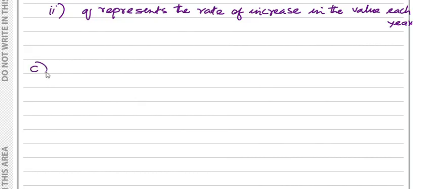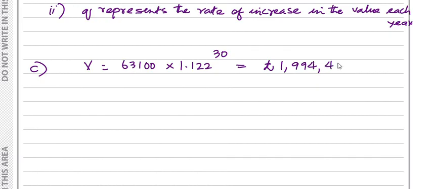So V is equal to, we already found out the p value, so we can use that, 63,100 times, we also know the q value, which is 1.122, right? 1.122 to the power of 30, because t is equal to 30 here, and that gives us from the calculator 1,994,412.